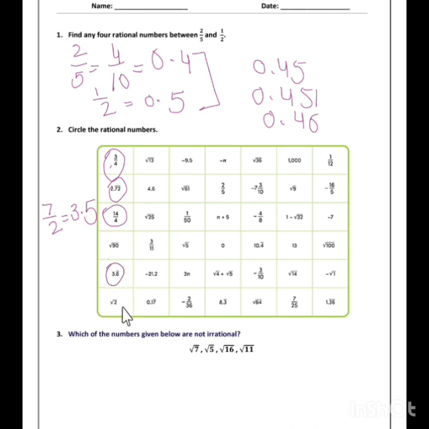Then square root of 2, you should know that square root of 2 was the first irrational number discovered by a mathematician, and also 2 is not a perfect square, so it's an irrational number. Square root of 13, again 13 is not a perfect square, it's an irrational number. 4.6 is a terminating decimal, you will circle it. Perfect square inside the root, so you will circle it.